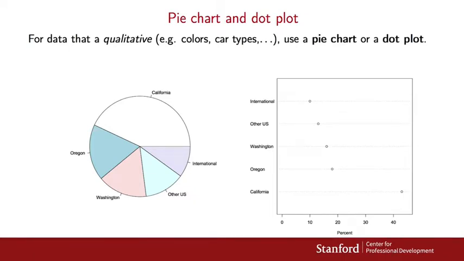The right side shows the dot plot of the same data. The idea is that each horizontal line corresponds to one category. The position of the dot corresponds to the percentage. For example, if we look at Oregon, this dot corresponds roughly to 20%.